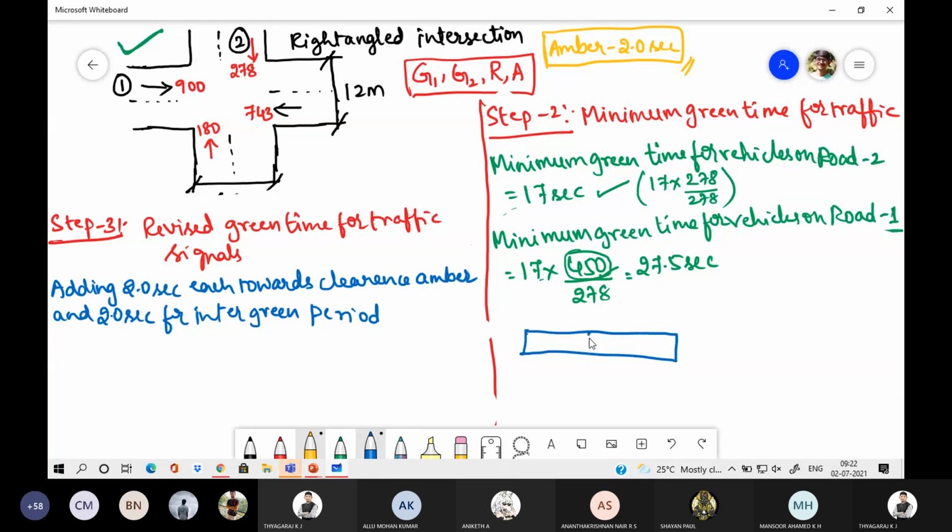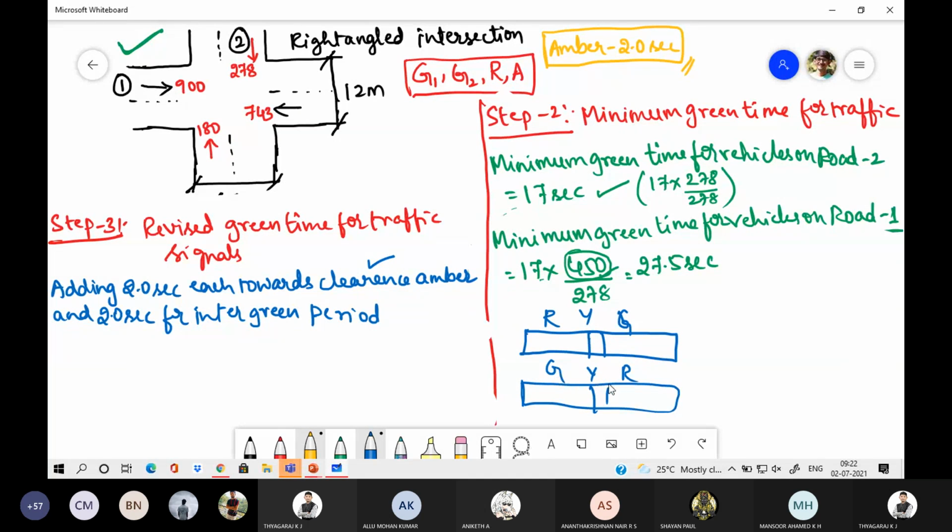So we have written the phase diagram, right? Yes or no? So this is red and this is green and this is yellow we have written. Again it is green, yellow and red. So clearance amber means whenever it is going from green to red, that we are going to call it as a clearance amber. That is no vehicles will be moving on the road.